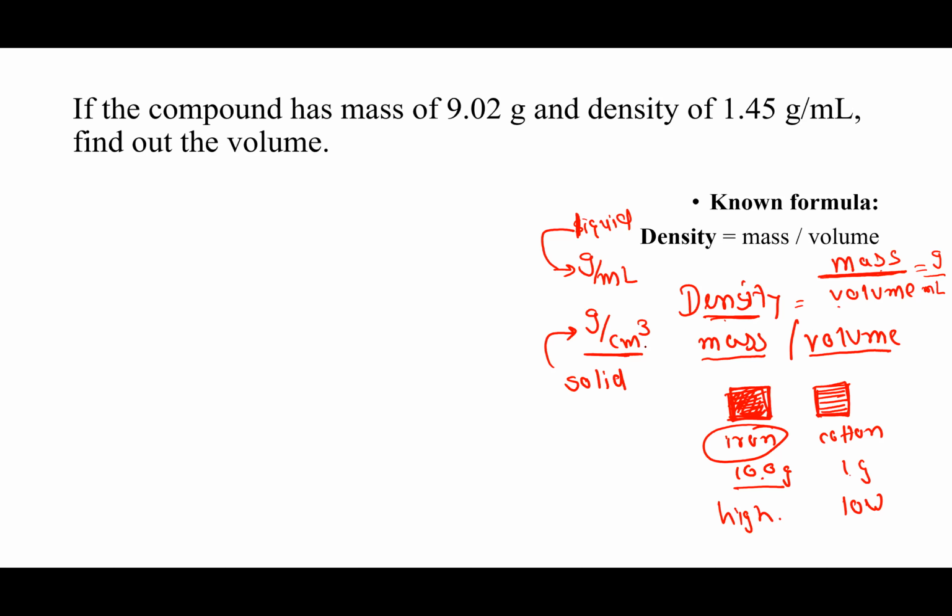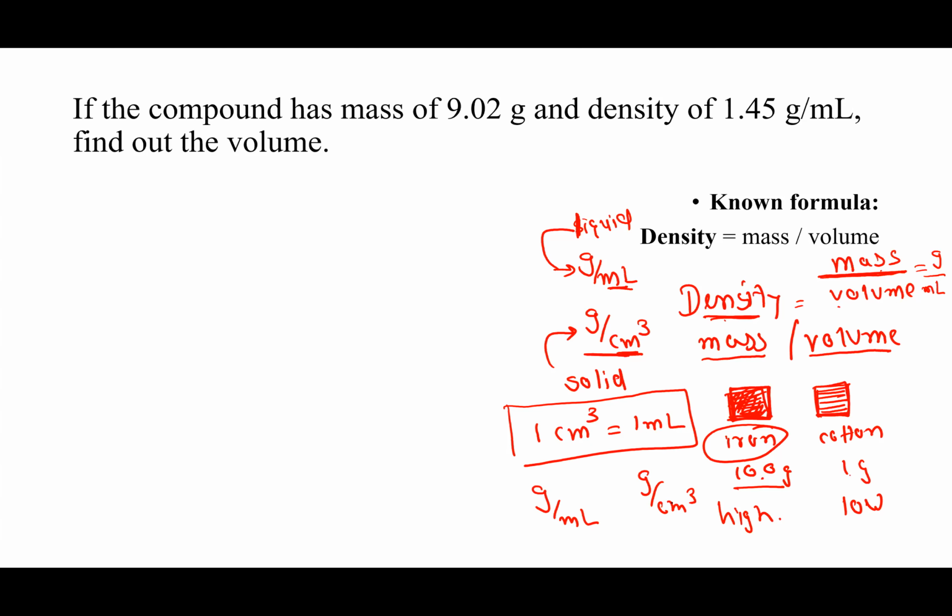One point I do want you to remember is the relationship between ml and centimeter cube. It's not hard, it is the same. 1 centimeter cube is equal to 1 ml. So either you write gram per ml or you write gram per centimeter cube. It is not incorrect, it is the same thing.